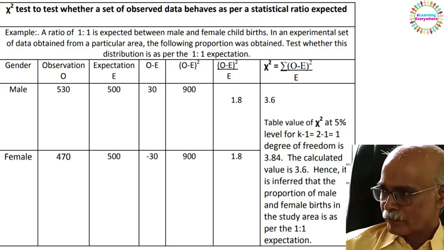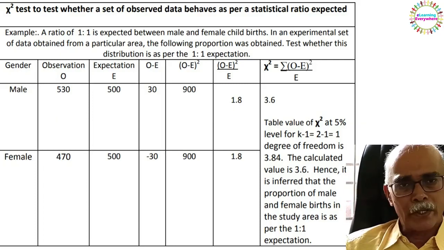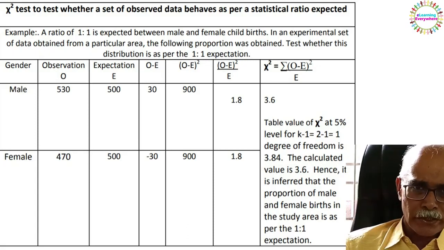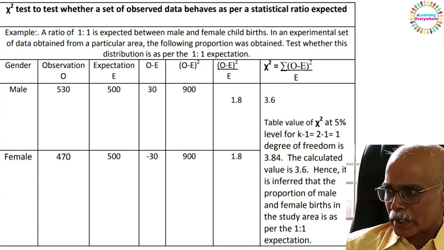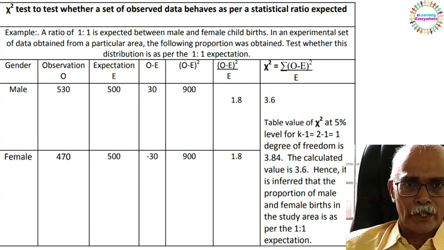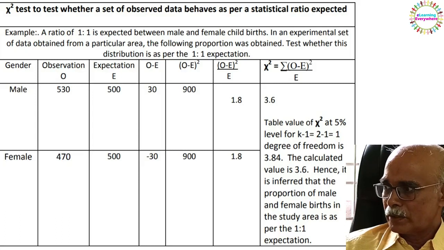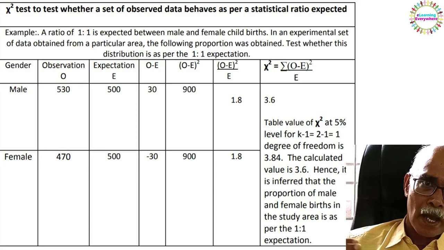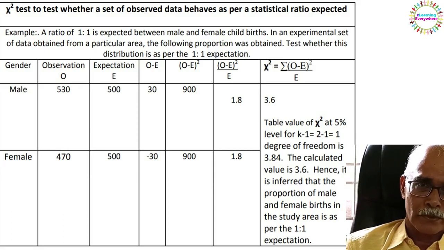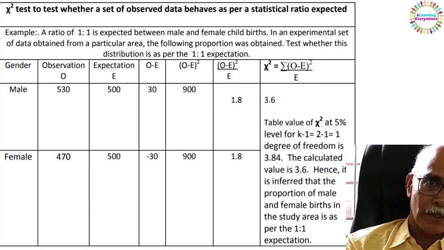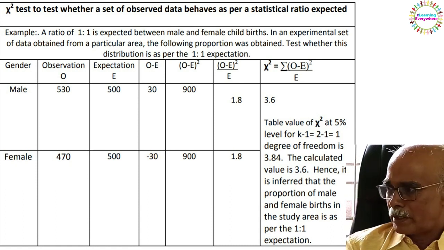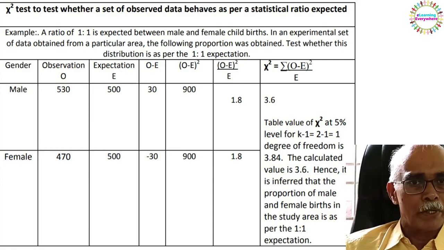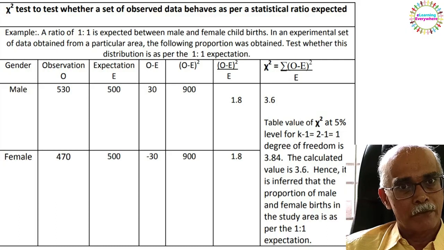And next, you see here the formula for chi-square. It is a test statistic, and it is calculated based upon the ratio between the difference between observed values and expected values, and the expected values. You are analyzing the difference between the observed values and expected values based on the expected values.